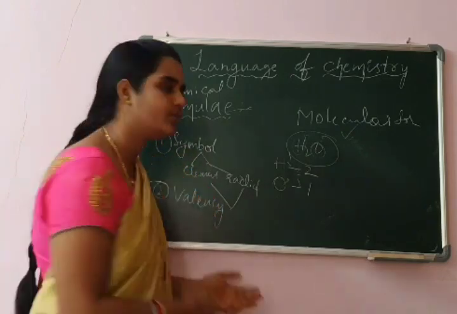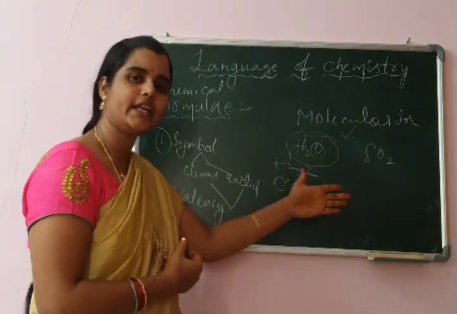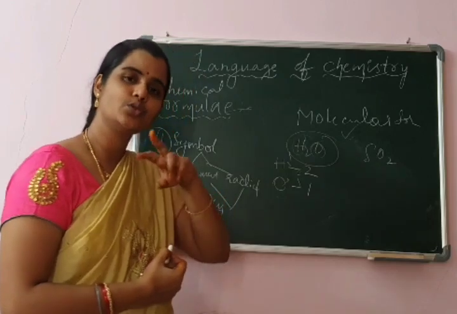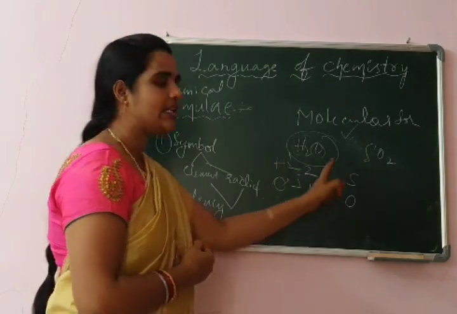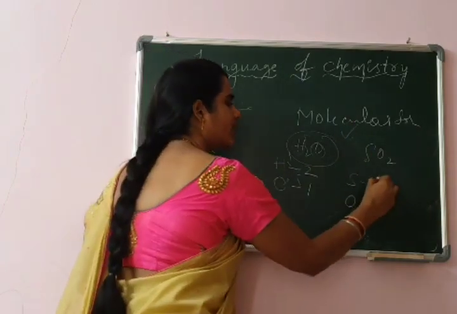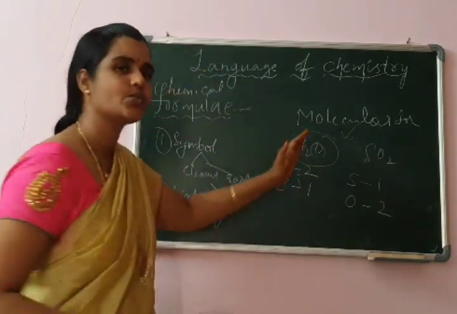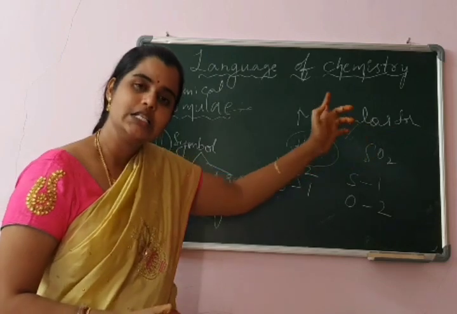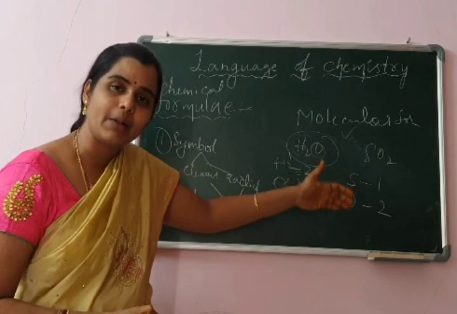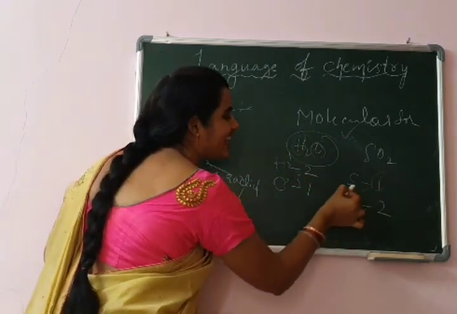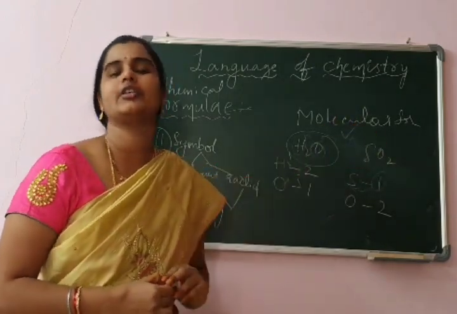Similarly, consider SO2, sulfur dioxide. How many elements are present? Two: sulfur and oxygen. How many sulfur atoms are there? One. How many oxygen atoms? Two. So the molecular formula gives us the number of atoms of each element present in one molecule.